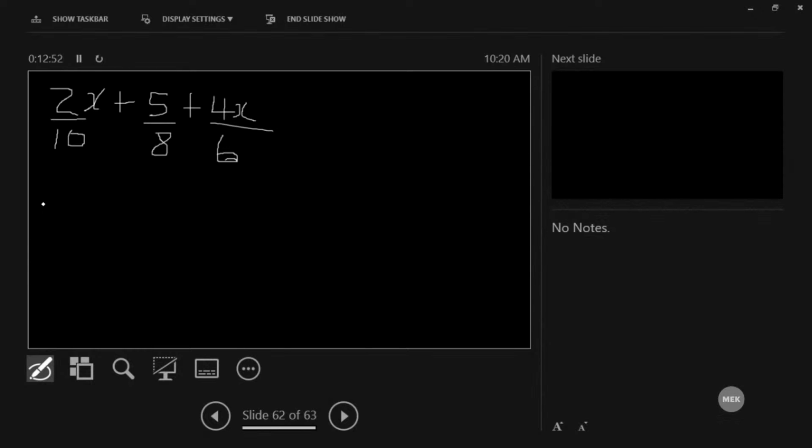So what's the LCM of 6, 8, and 10? What's the smallest number that 6, 8, and 10 can go into? I believe that's 120.